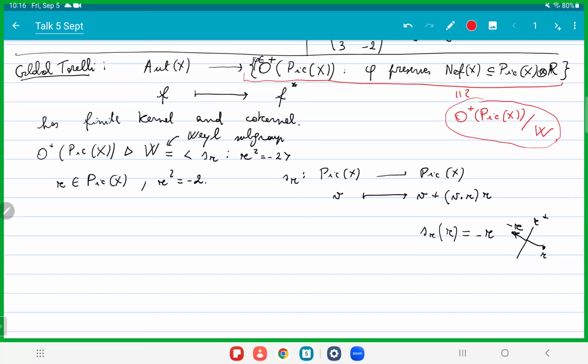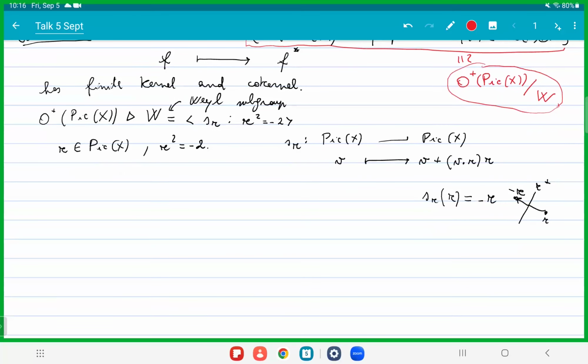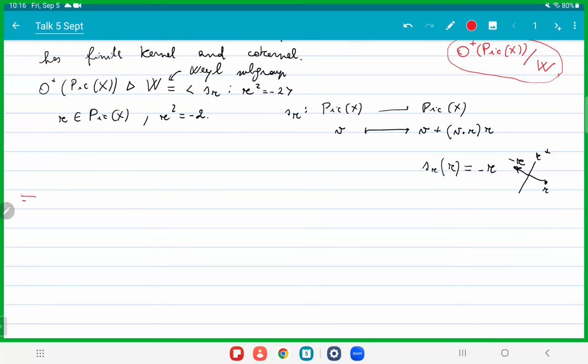We're just considering isometries of a hyperbolic lattice divided by the Weyl subgroup, which is defined in terms of the minus 2 roots. And so a super important consequence of this is that, up to a finite group, because this map could have finite kernel and cokernel, the group Aut(X) only depends on its Picard lattice.